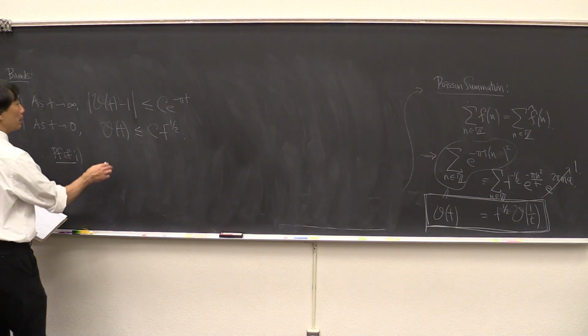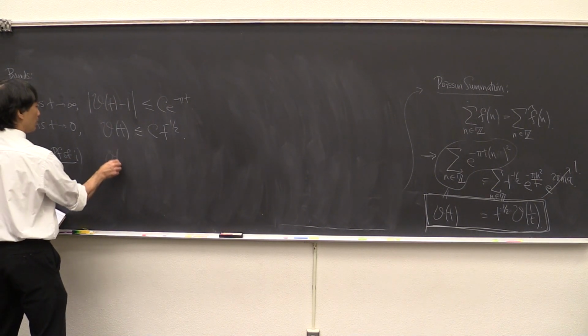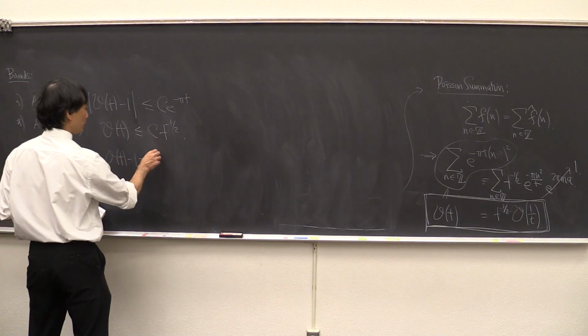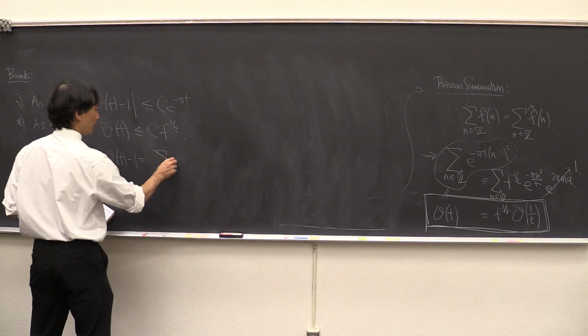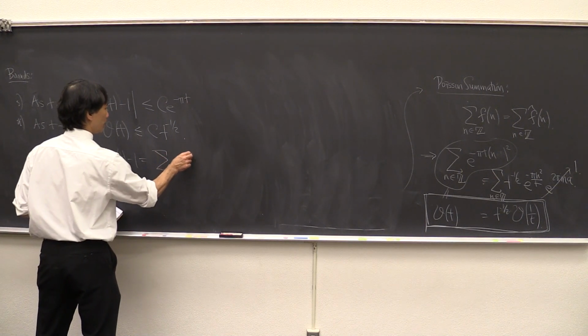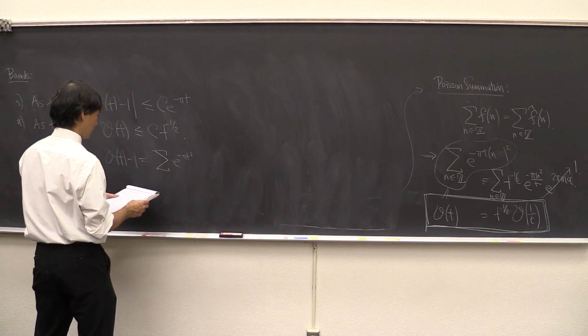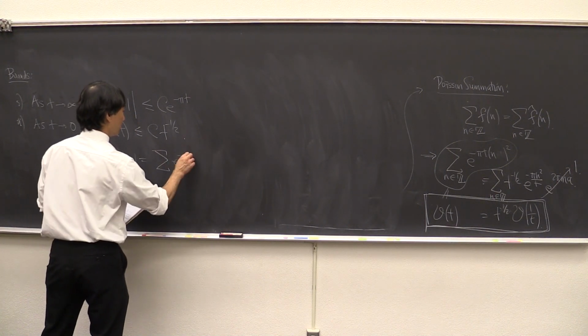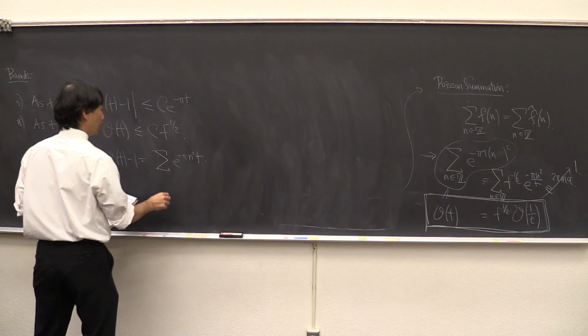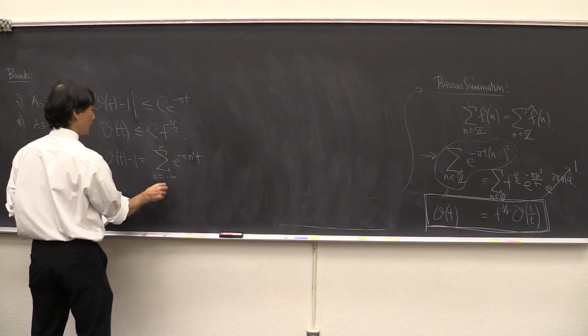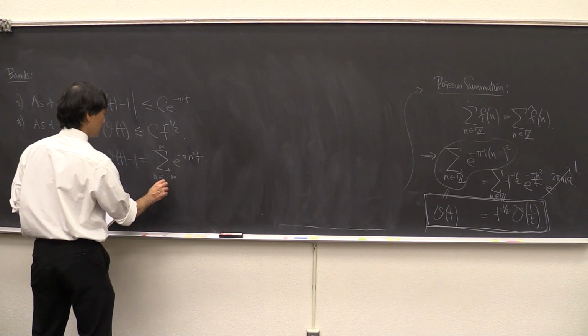this theta minus 1 is just the sum of e to the negative pi n squared t, I'm sorry, pi n squared t, as n goes from negative infinity to positive infinity, but n is not equal to 0.